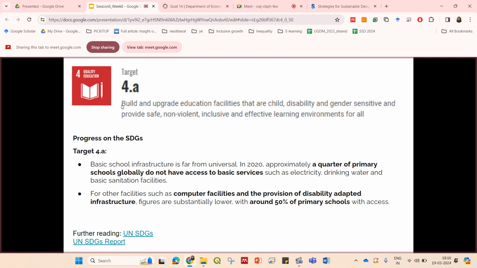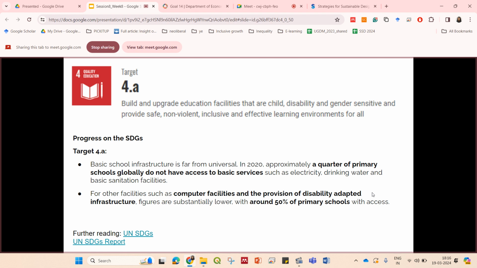Target 4.A is to build and upgrade education facilities that are child, disability and gender sensitive, and provide safe, non-violent, inclusive and effective learning environments for all. A part of that metric is that basic school infrastructure is far from universal. According to the latest progress update, from 2020, still a quarter of primary schools globally do not have access even to basic services like electricity, drinking water, and sanitation facilities.